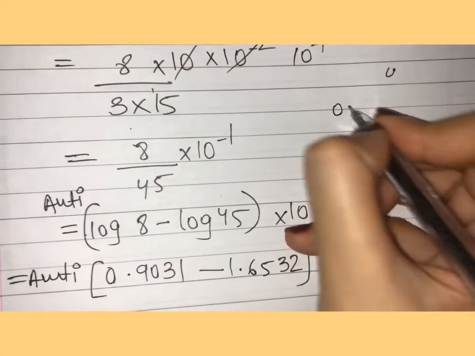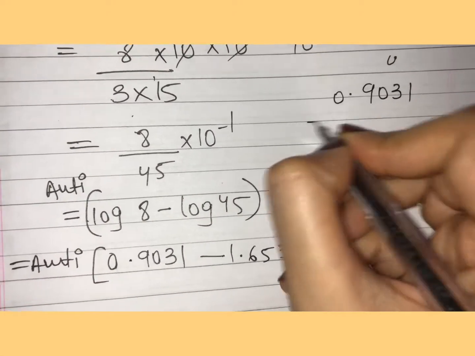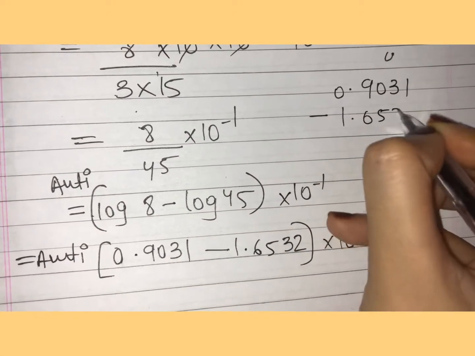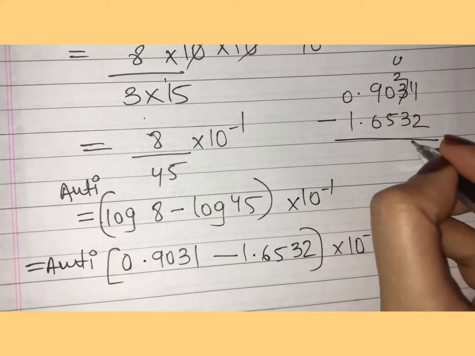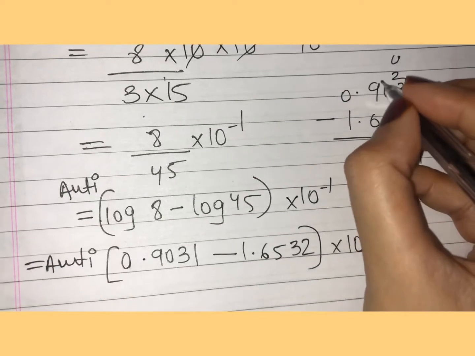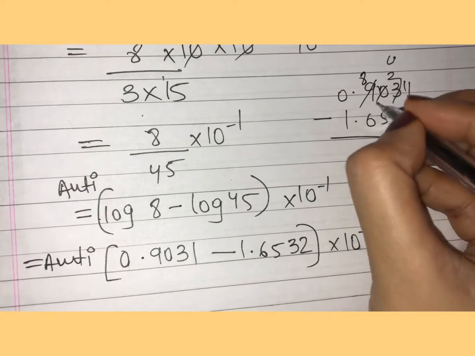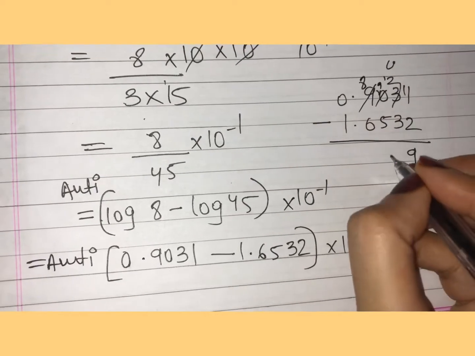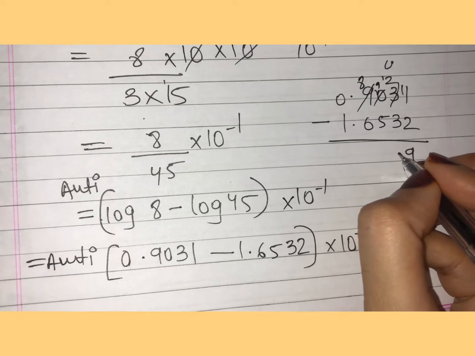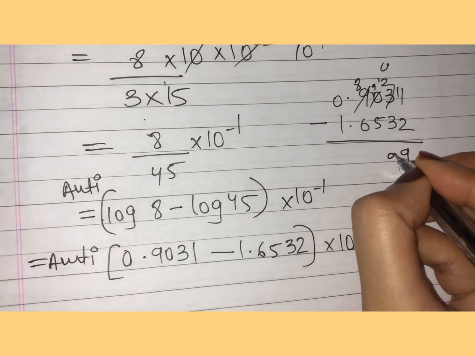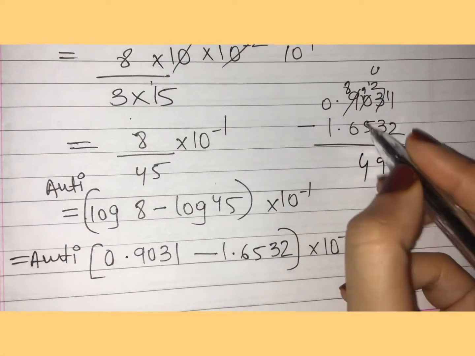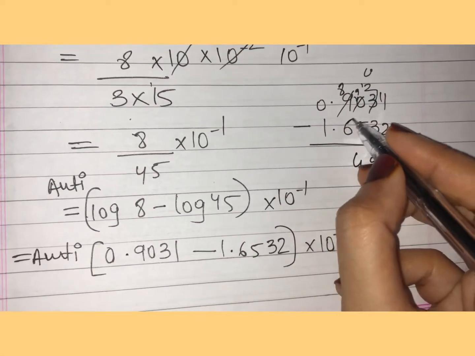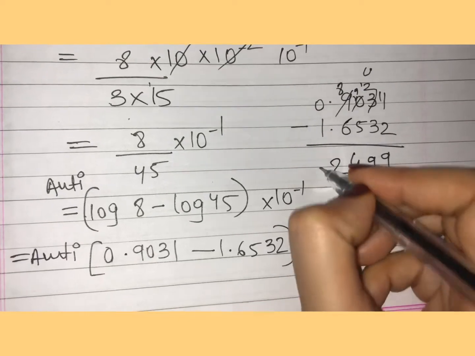Now 0.9031 minus 1.6532. This will be 2 bar. 11 minus 2 is 9. This will become 8, this will become 10, then this will become 9, then 12. 12 minus 3 is 9. 9 minus 5 is 4. 8 minus 6 is 2.